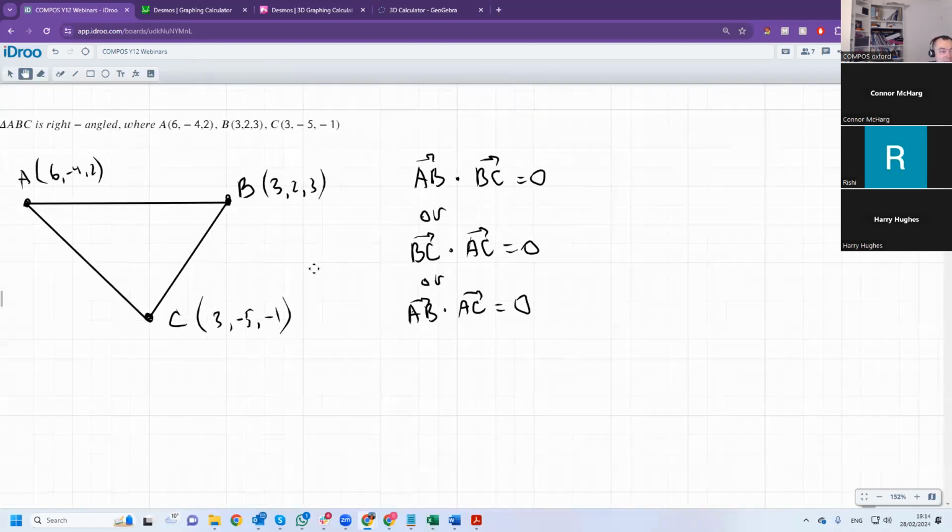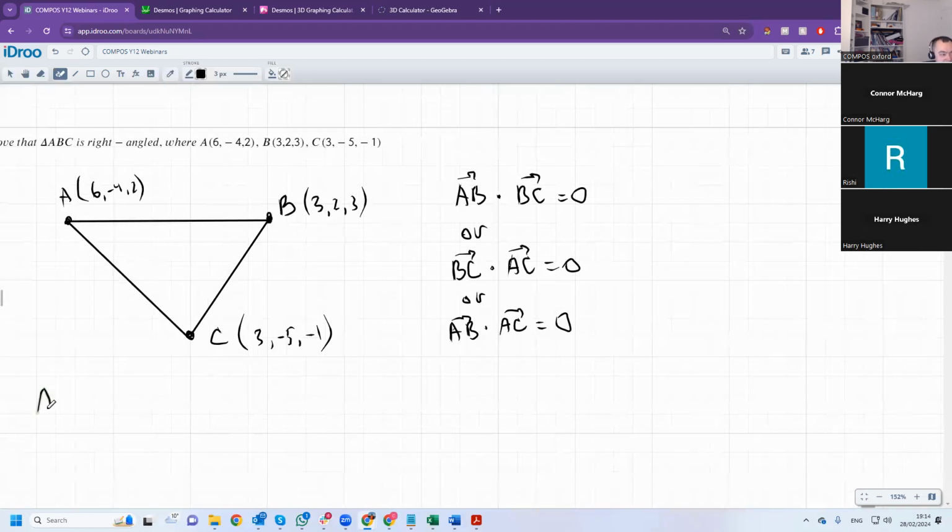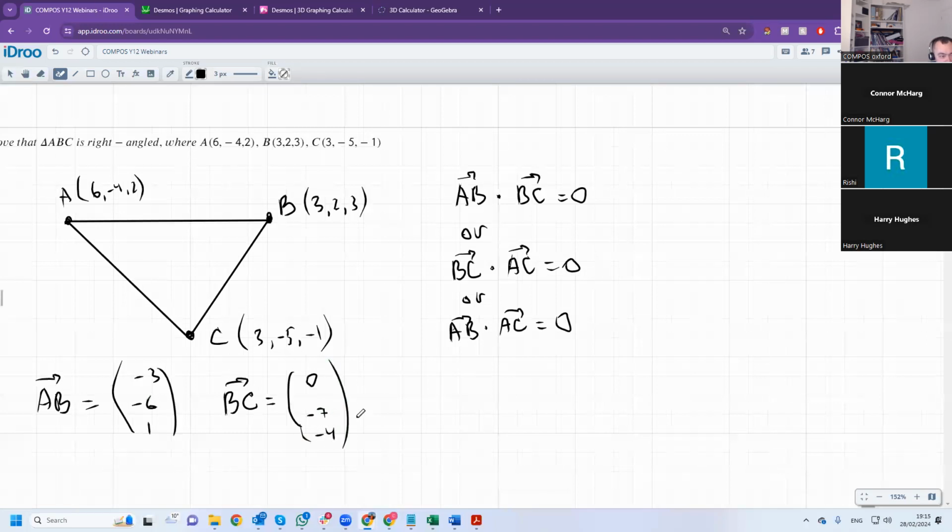And all we need to do is find vectors AB, BC and AC. AB is minus 3, minus 6, 1. Vector BC is 0, minus 7, minus 4. And AC is 3 minus 6, so minus 3. Minus 5 plus 4 is minus 1. Minus 1 minus 2 is minus 3.